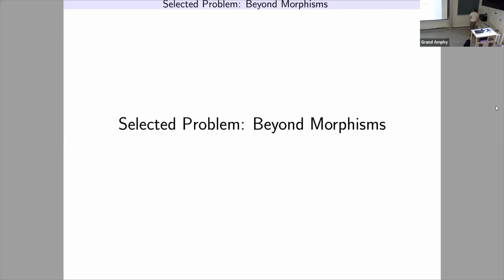What that means is I have an expression in some context, and I apply a substitution into some other context. And I can apply a morphism to get the expression in a translated context.